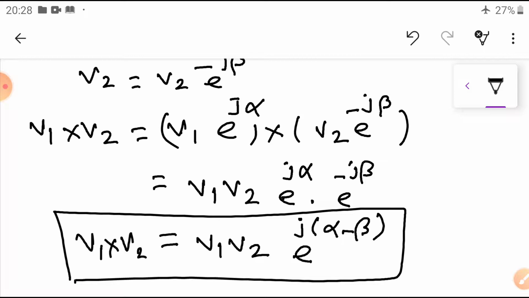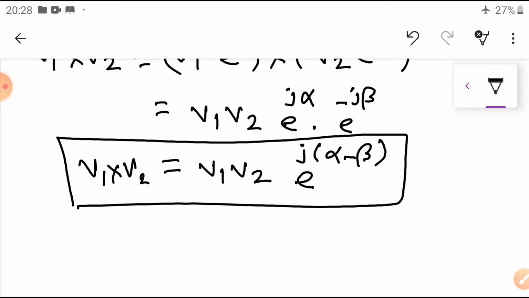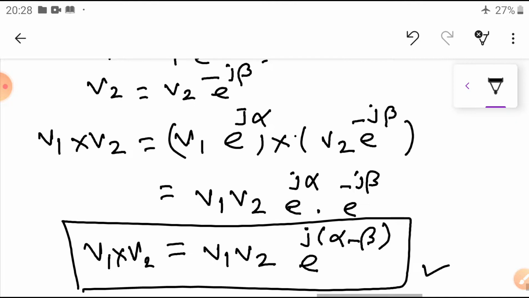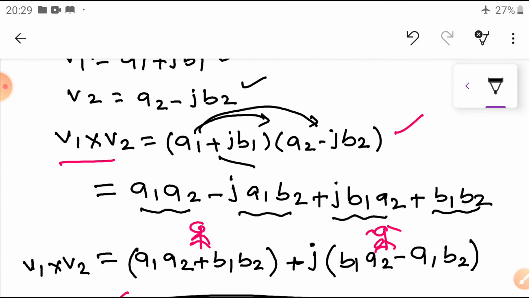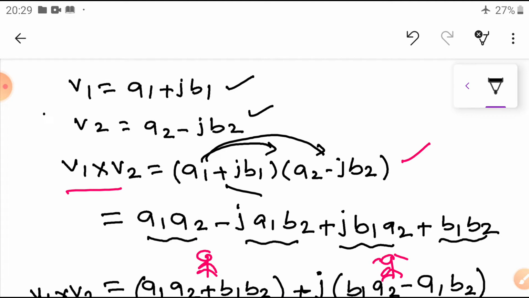That means here what we are going to get. V1 V2 is the magnitude and the angle is alpha minus beta, e to the power of j into alpha minus beta, such that we can do the problems. Okay. How easy it is, whereas in rectangular form you can see how tedious the work is.